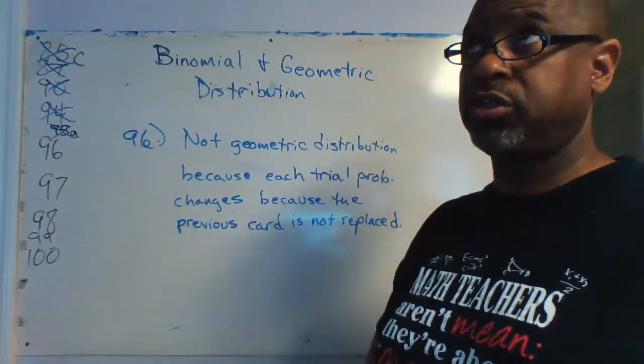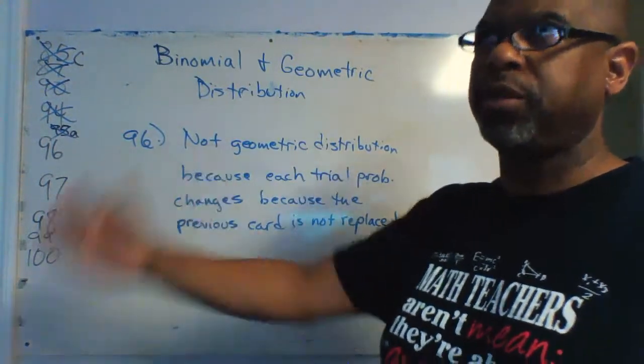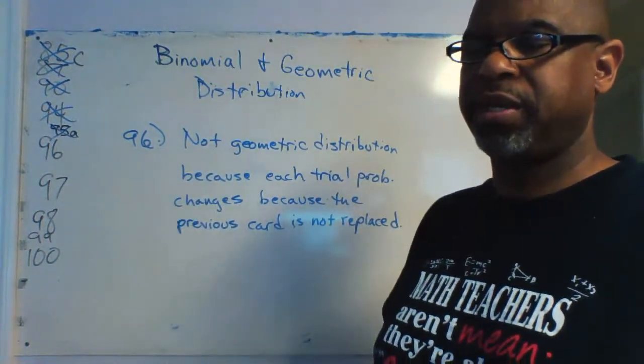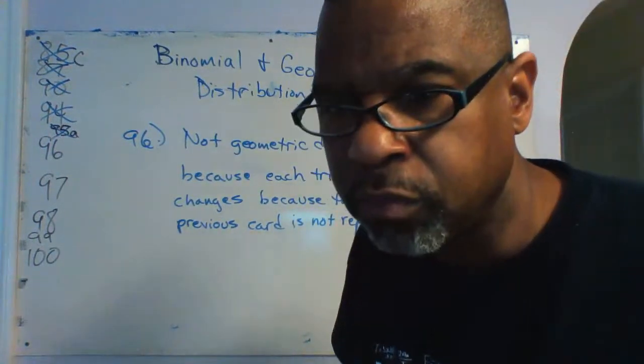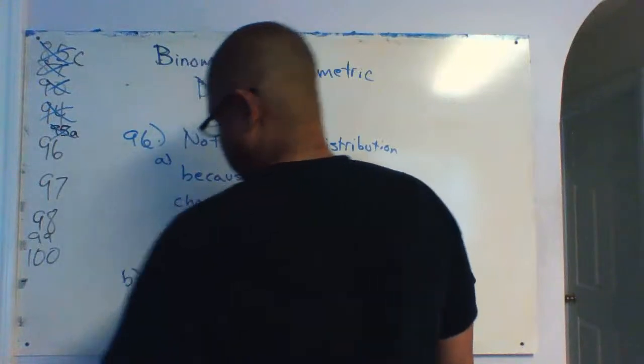So that's going to negate the rule for all probabilities being the same in the beginning for each one. All right, so that's A. So let's look at B.